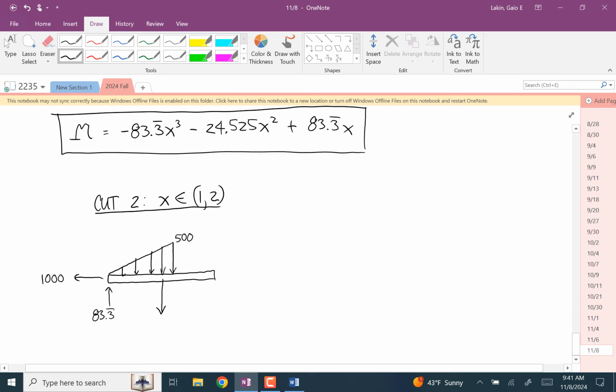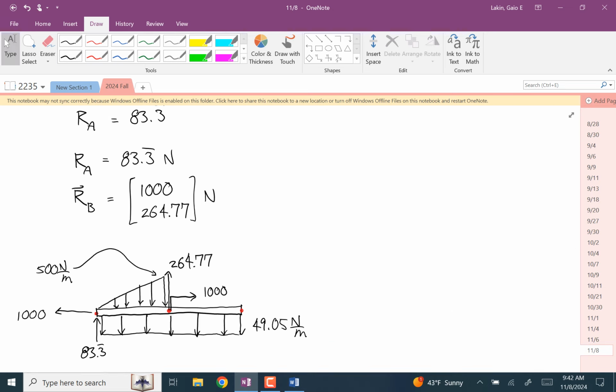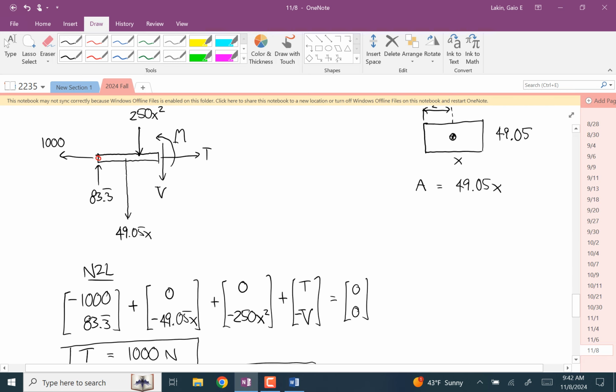We have a weight force. That distributed load for the weight force is still this, and it has a magnitude of 49.05. And then we have this point force here of, what did we get for that? 1,264.77.